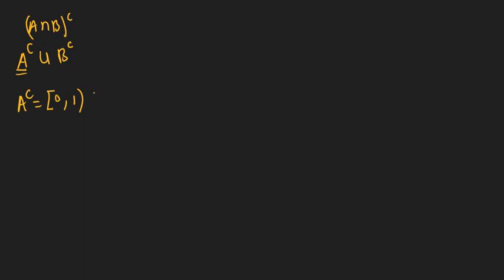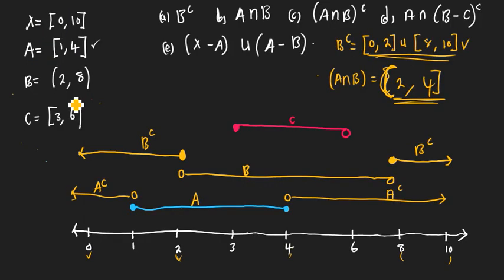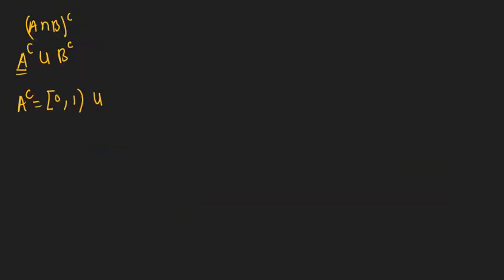Then union, 4 is not part of A complement, but up to 10. 10 is part of the universal set.